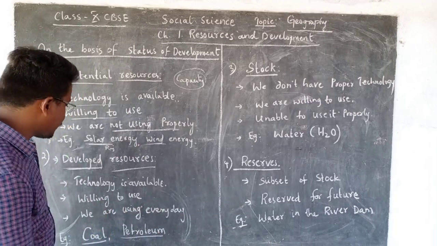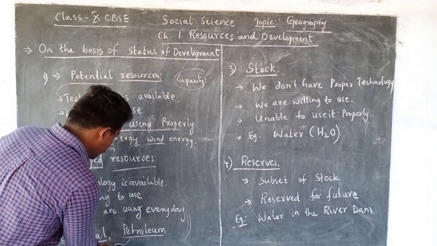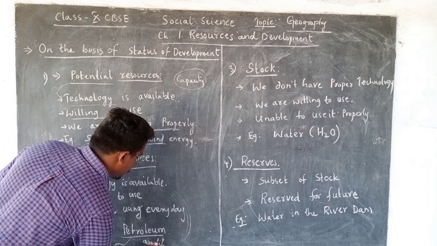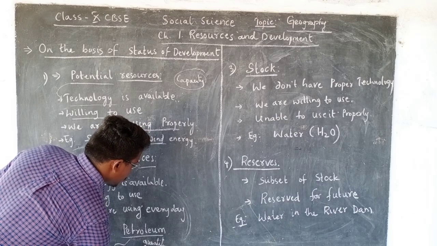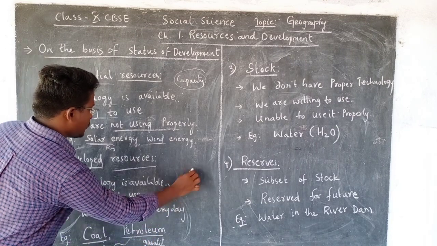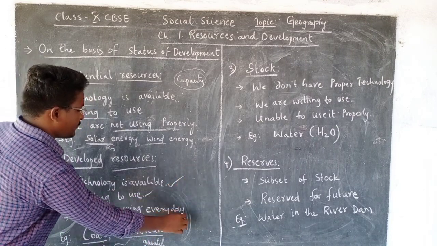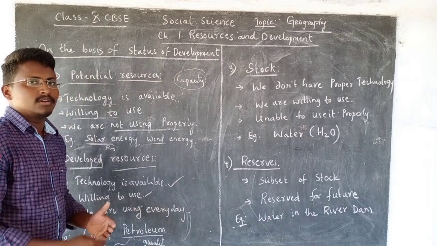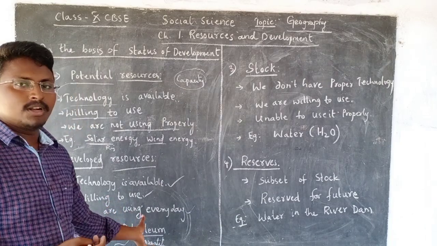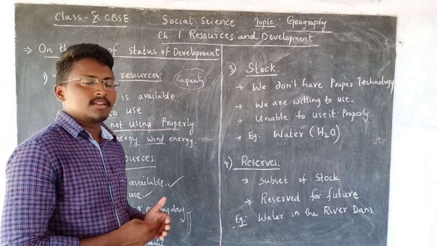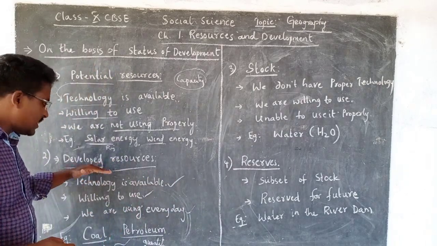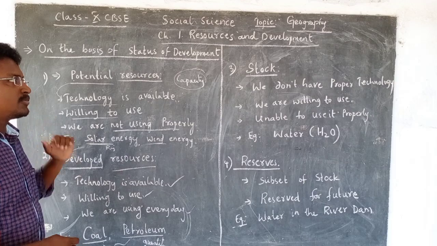We have already identified the quantity and quality of these two resources, that is, how much quantity is there and what the quality of these resources is. Here the technology is available, we are willing to use them, and we are all using them every day. For example, coal we use for generating electricity, and petroleum we use in different products like petrol, diesel, etc. So those resources which are already well developed, we call developed resources.